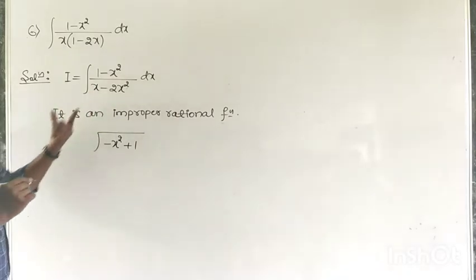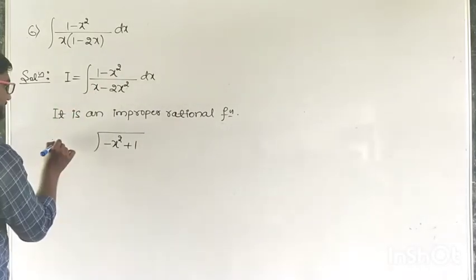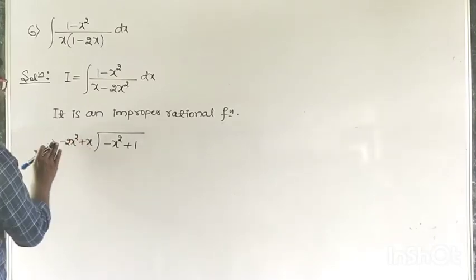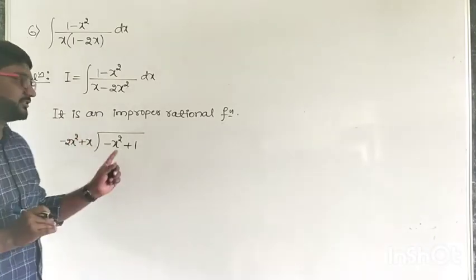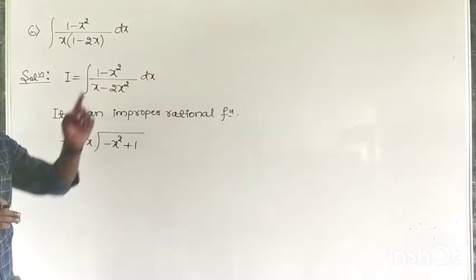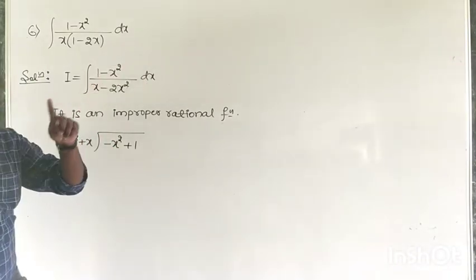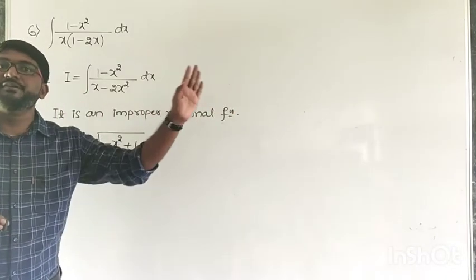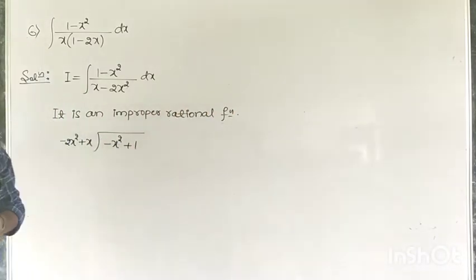Then we take this one now: x minus 2x square, or else minus 2x square plus x. I hope you have understood about this one. First we have to write both the dividend and the divisor in the decreasing order of their degrees. Then we go for the actual division process.